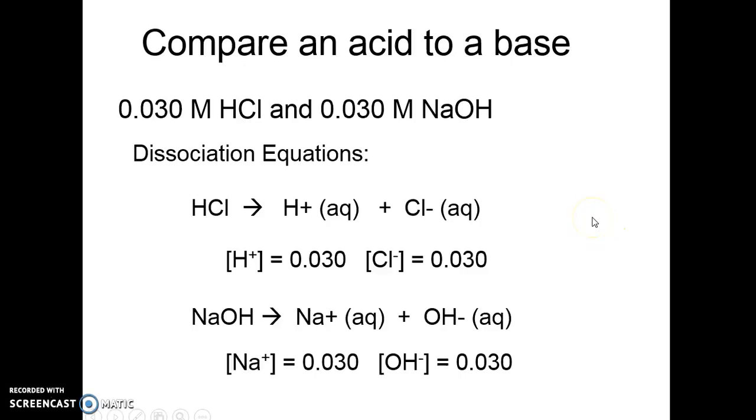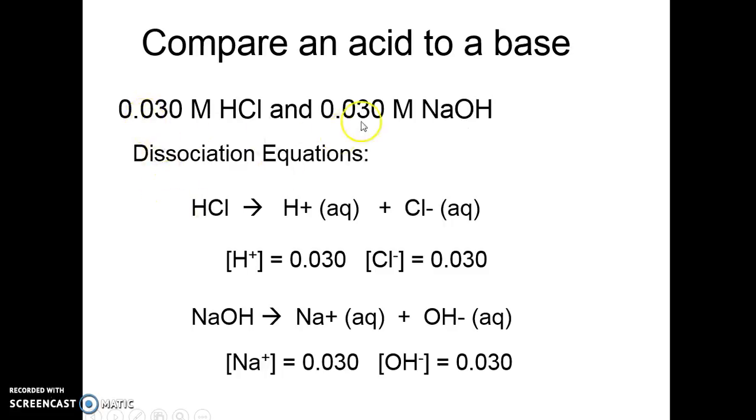Now, to finalize this, we're going to go back to determining concentrations of proton, hydroxide, and pH. And in order to help you see this a little bit better, I'm going to do this with an acidic solution and a basic solution side by side.